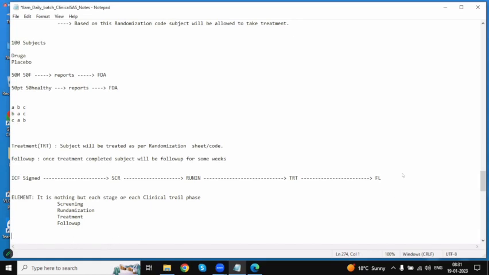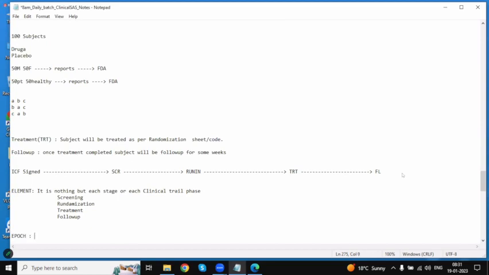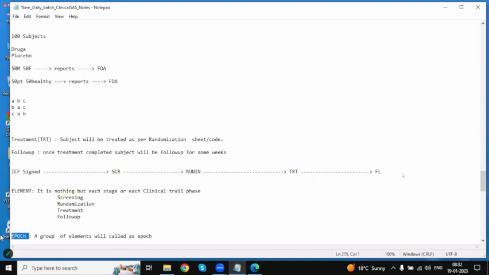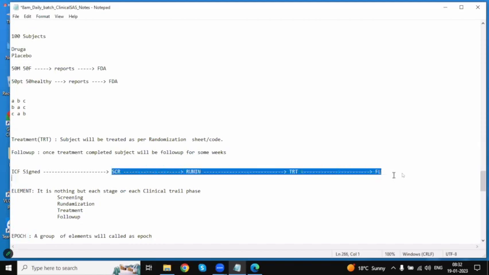Next, epoch. What is epoch? A group of elements will be called an epoch. It means all these elements together we call an epoch. Clear?